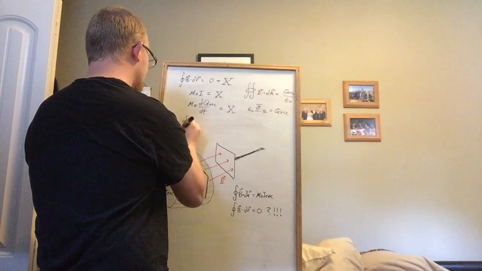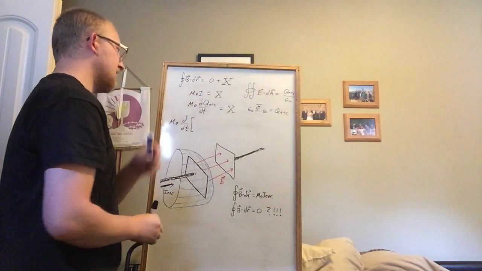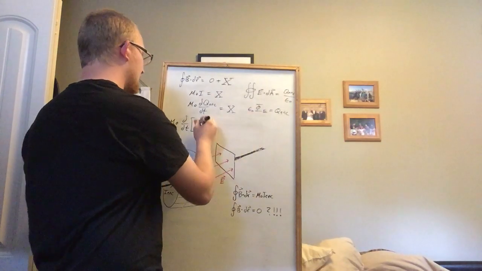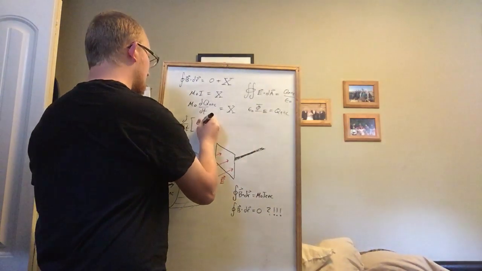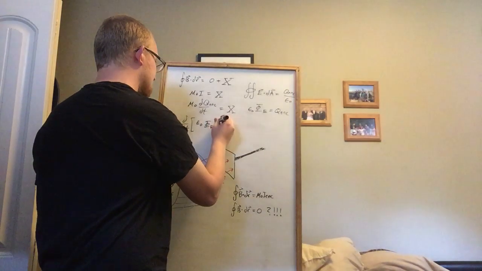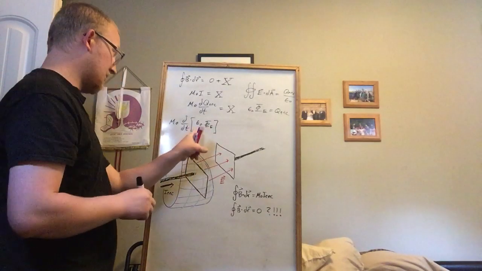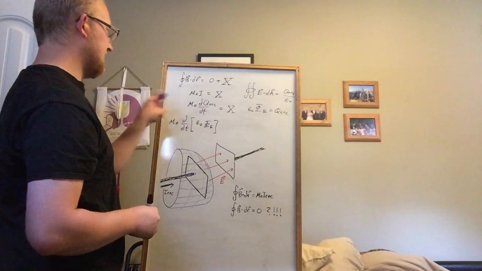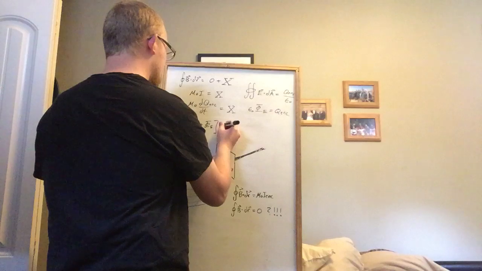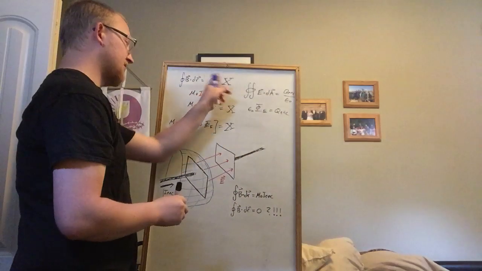And what I end up with is mu sub naught times the derivative with respect to time of the permittivity of free space times the electric flux. Now you'll notice here that because epsilon sub naught is a constant, I can pull it out. Remember, this is equal to my unknown kind of fudge factor here.